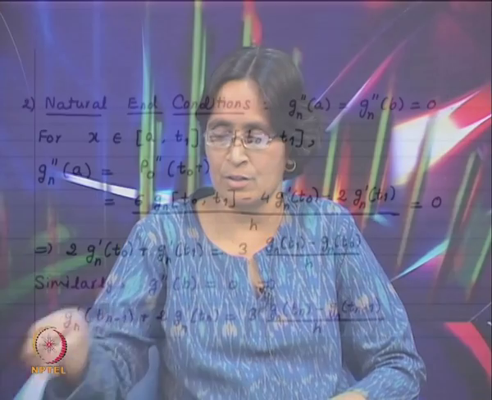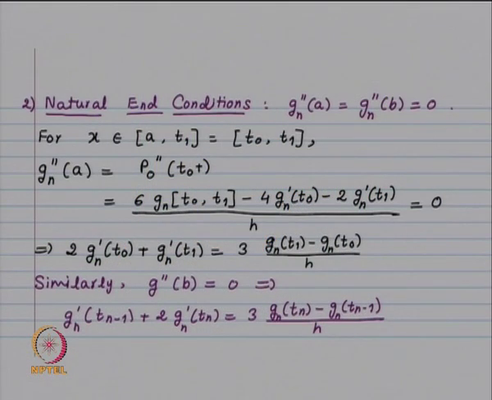So, before we consider that condition which depends only on the function values and which has order of convergence h raised to 4, let us quickly look at the system of equations in case of the natural end condition. So, we have g n double dash at a equal to g n double dash at b equal to 0. g n double dash at a is going to be the second derivative p 0 double dash at t 0 plus.